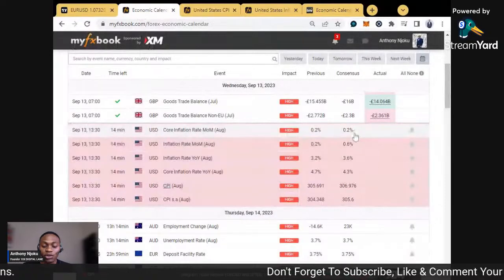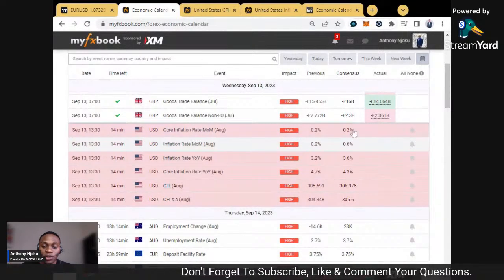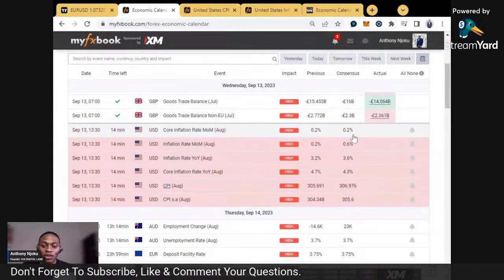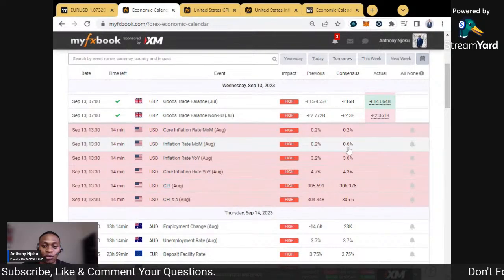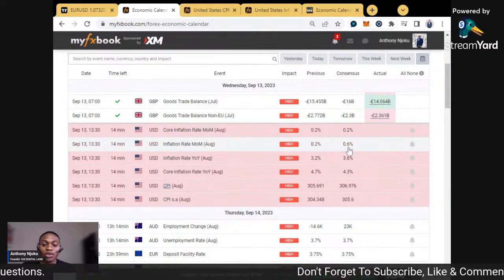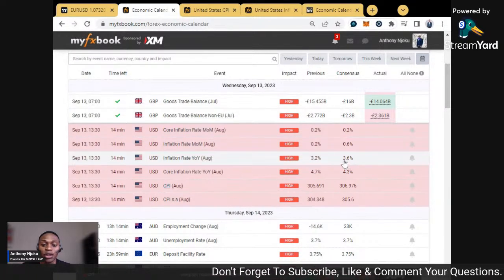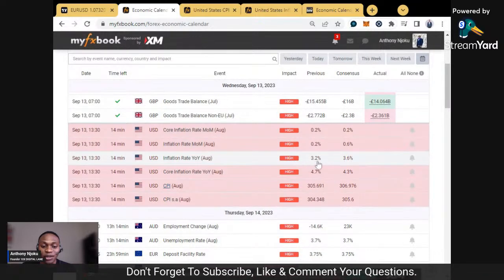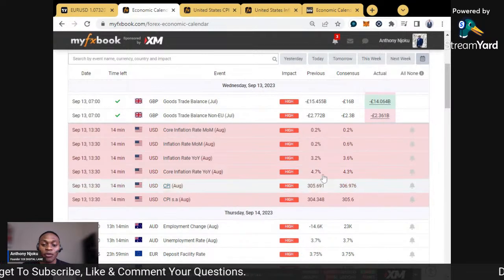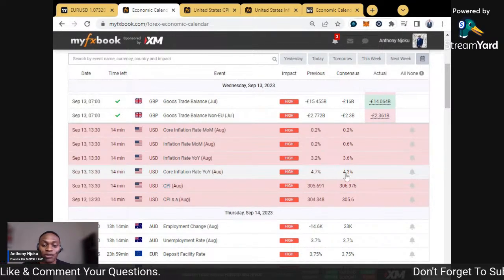Currently, what is running the market is the consensus. So 0.2 is exactly 0.2, which is 0-0. 0.6% is higher than 0.2%, which is 1-0 based on consensus. Then 3.6% is higher than 3.2%, 2-0. 4.3% is lower than 4.7%, which is 2-1.